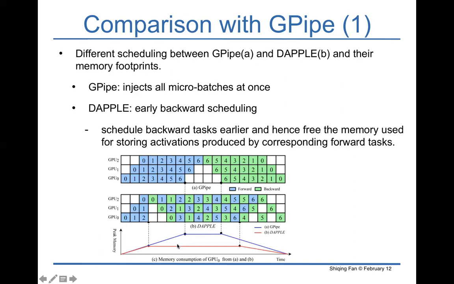The last figure, 3C, shows how the memory consumptions change over time in GPipe and DAPPLE. At the beginning, the memory usage in DAPPLE increases with time and is the same as GPipe's until 3 microbatches are injected. Then it reaches the maximum due to the early backward scheduling.